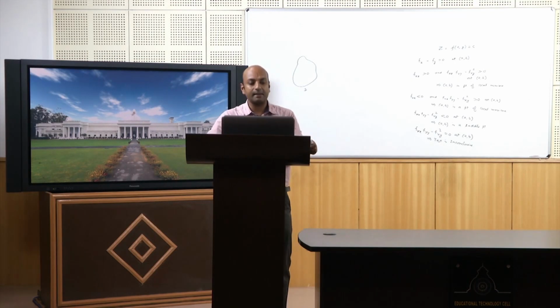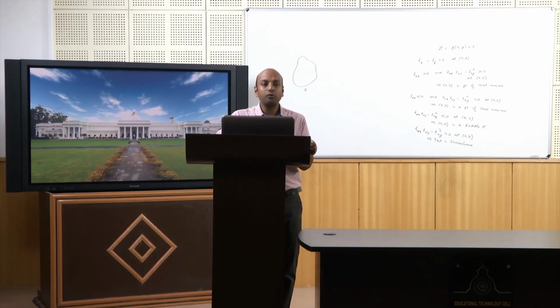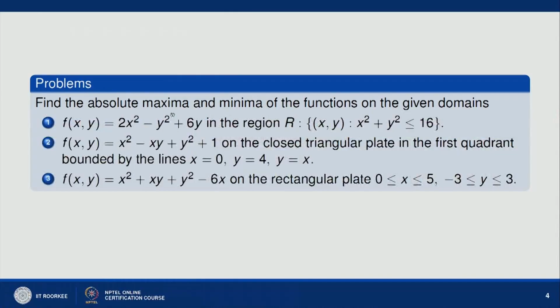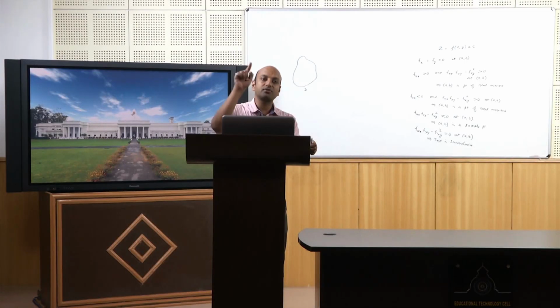Say we have the first problem, where we have to find the absolute maximum and absolute minimum of the function 2x square minus y square plus 6y. The region R is all those (x, y) where x square plus y square is less than or equal to 16, that is, all the points in the circle of center (0, 0) and radius 4.